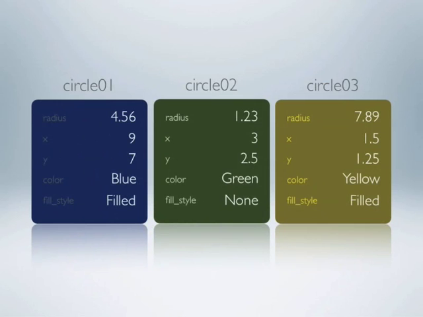All of those values would be stored inside the variable circle 01, and then we'd also have circle 02 and circle 03, for example, each one with its own attributes, with its own variables stored inside of it. So at the top level of our program, all we would really have to deal with is three variables, circle 01, 02, and 03. We wouldn't have to worry all the time about all of those other variables that are actually inside each of our three objects here.